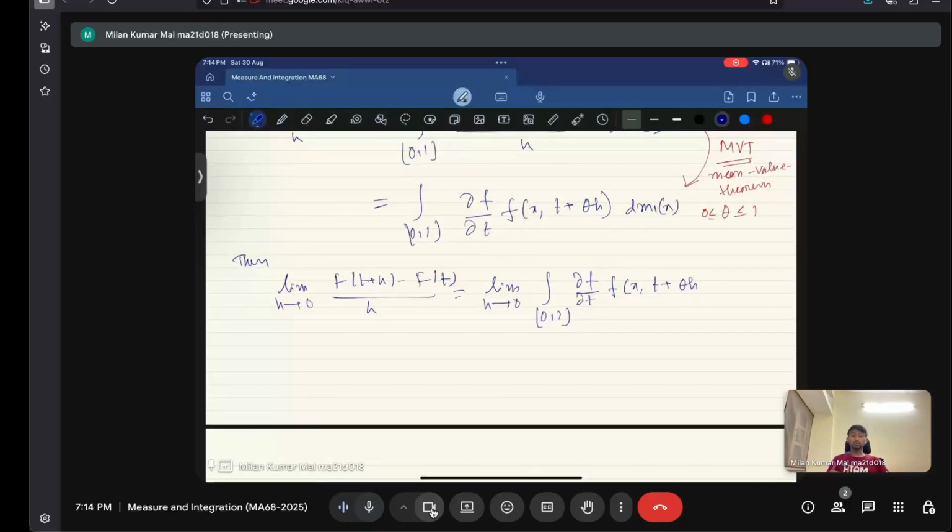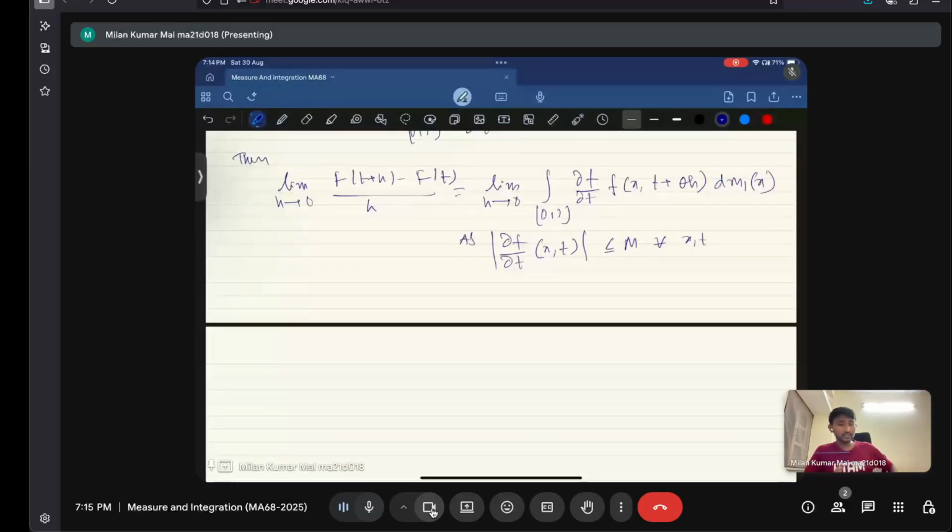So the main point is that as this is uniformly bounded, we can make sure that we can use the dominated convergence theorem.